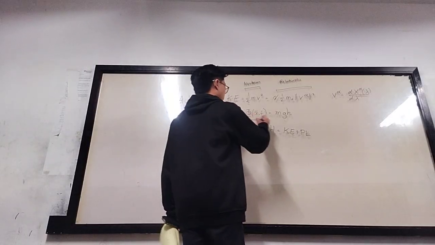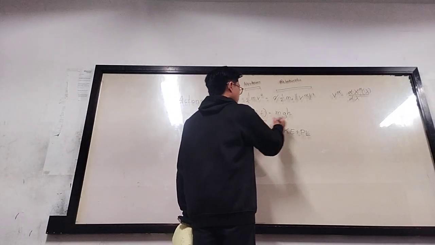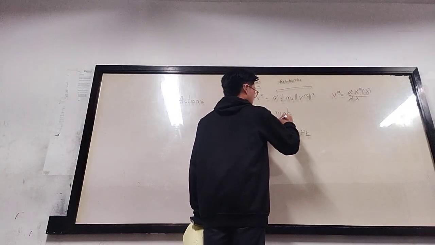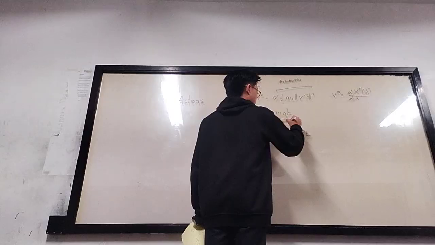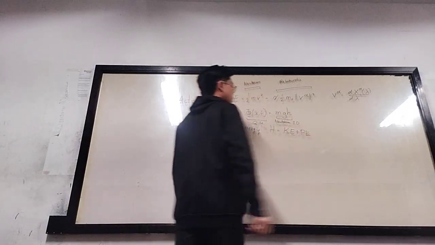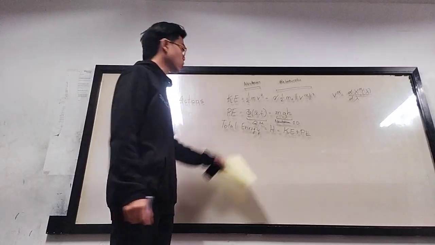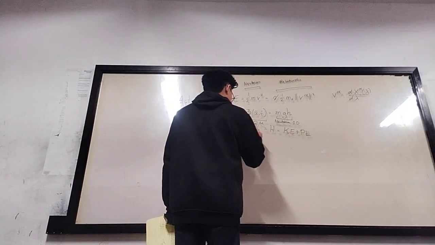So this is for quantum mechanics, and this is for the Newtonian, one-dimensional case. So that's kinetic energy, potential energy, and of course we also have the total energy, also known as the Hamiltonian.